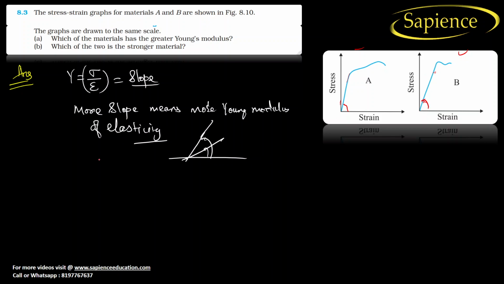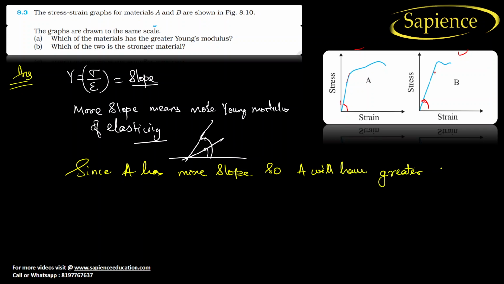So A has more slope. Since A has more slope, A will have the greater Young's modulus of elasticity.